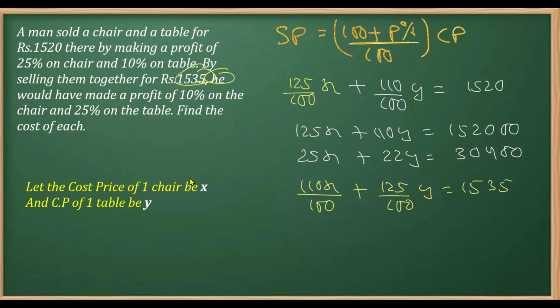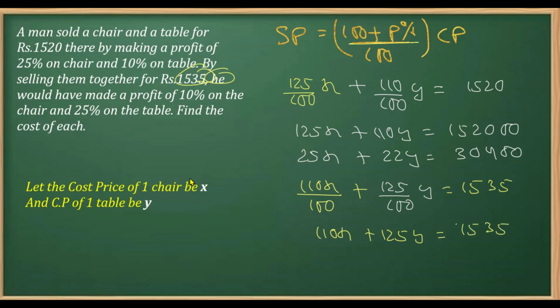In the same way, I'm going to take LCM, which gives 110X plus 125Y, and transposing 100 to the other side, it is 153500.